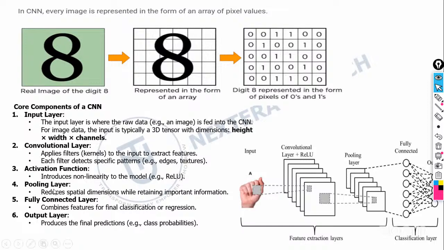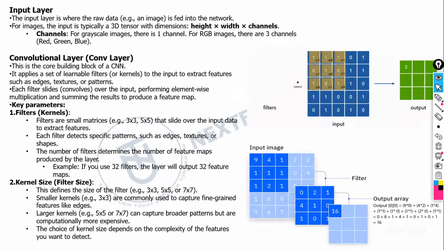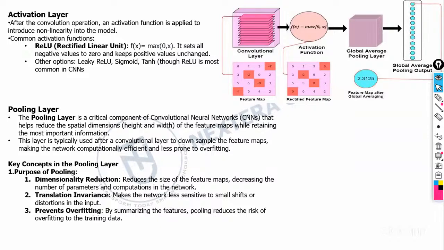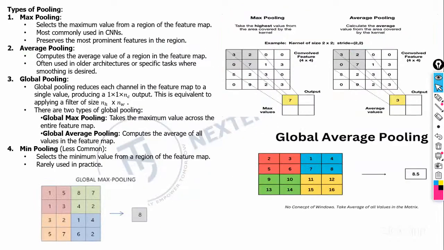We also use a pooling layer. What does this pooling layer do? We'll understand. And we finally have the fully connected layer for regression or classification, and the output layer. We'll discuss all these important topics, and at the end, I'll also talk about the types of pooling that we have.